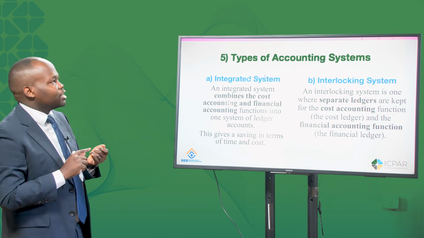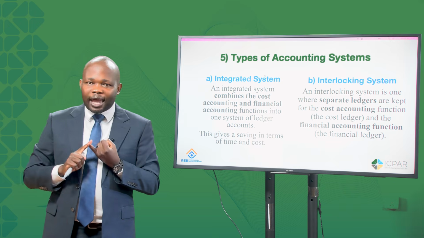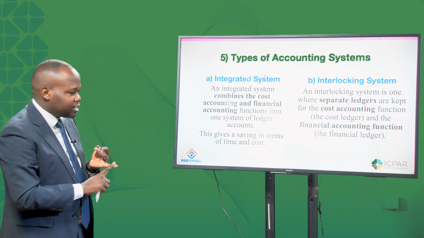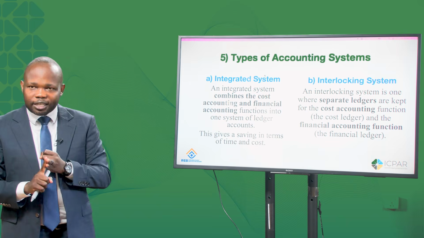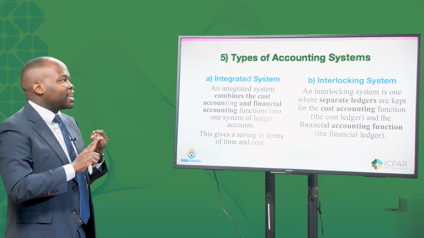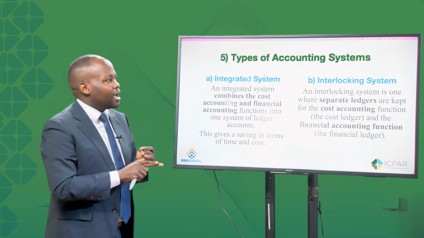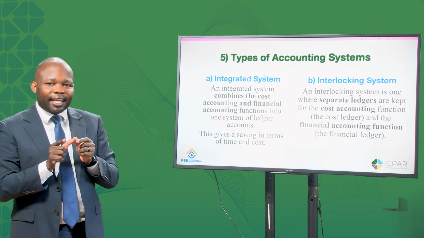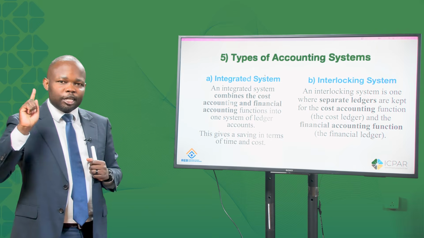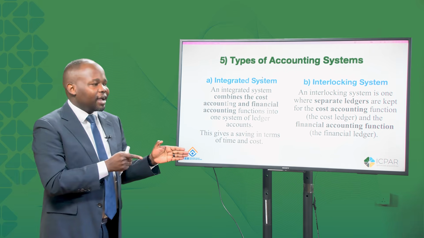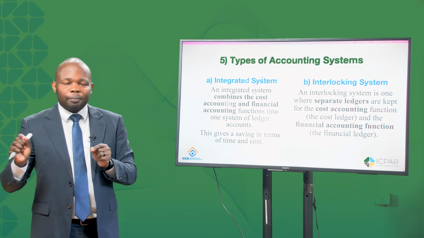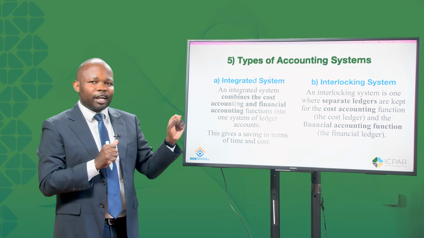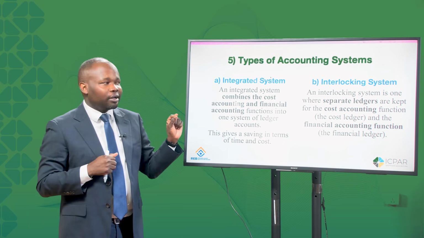In our next item, we are looking at what we call types of accounting systems. Now, under types of accounting systems, we have two types of systems. The first system is an integrated system, and the second system is interlocking system. In accounting, accounting is basically divided into two: cost accounting and financial accounting. Principles of costing is under cost accounting, and recording financial transactions is under financial accounting.